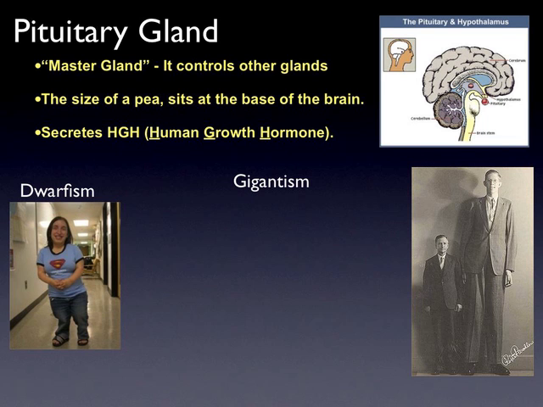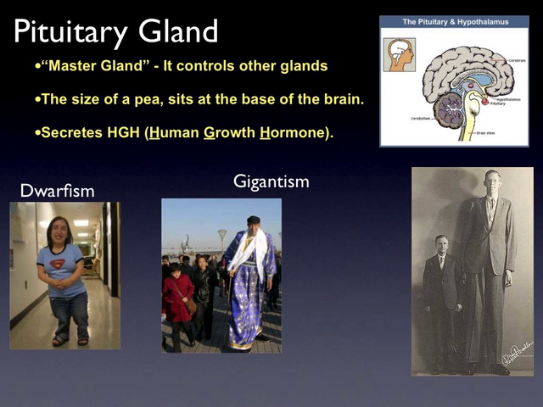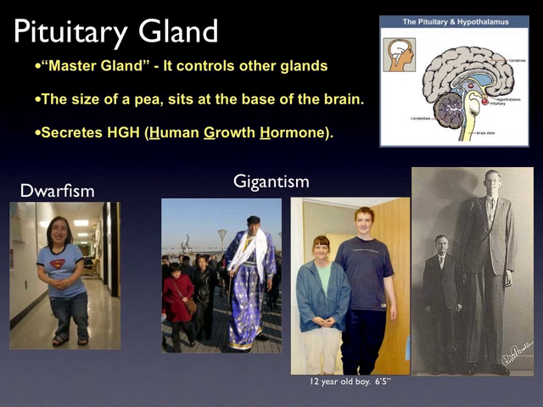The opposite condition is also possible, where a person produces too much human growth hormone and grows to an abnormally tall height. So this kid, for example, he's 12 years old, he's 6 foot 5 inches. That's human growth hormone.